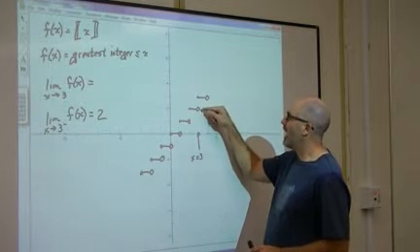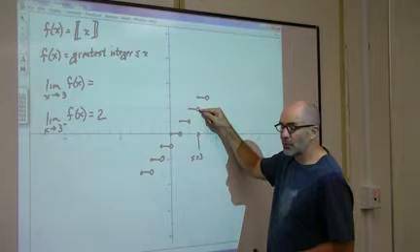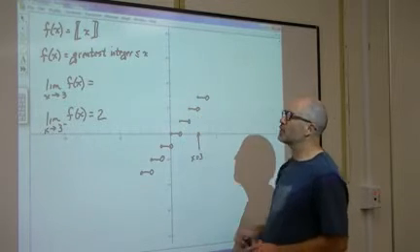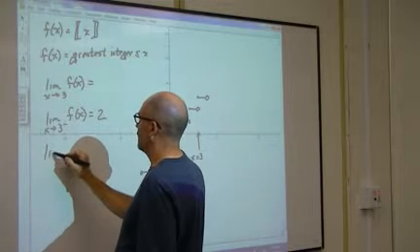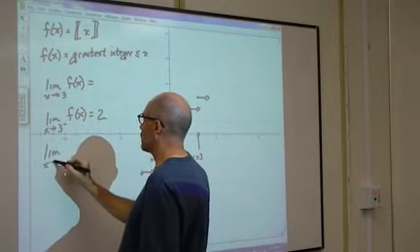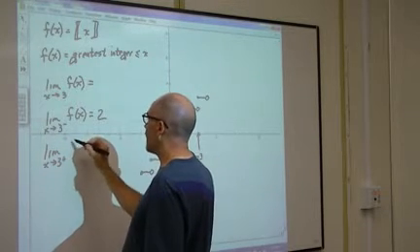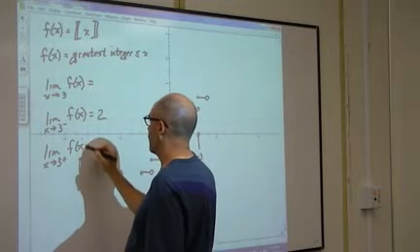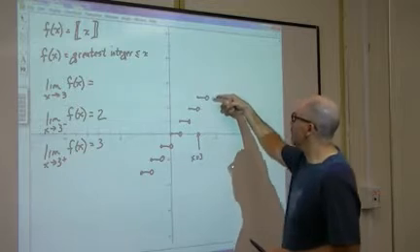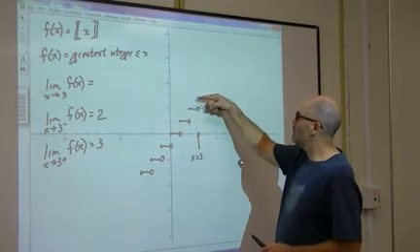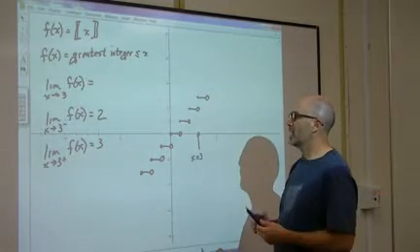Even though at x equals 3 it doesn't equal 2, it's approaching 2 from the left. Now, the limit of the function as x approaches 3 from the right is going to equal 3, because as I'm approaching 3 from the right, I'm approaching the value of 3.